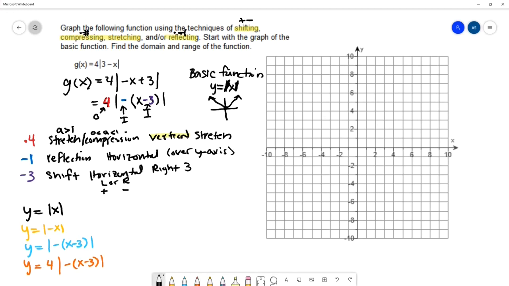So the graph of absolute value of x is a V-shaped graph starting at the origin. And so it looks like this. And that first transformation, which is the horizontal reflection, is going to look like we didn't change anything because this function is an even function. It has y-axis symmetry. So when we mirror over the y-axis, it looks exactly like it started. So then I'll shift all of those points to the right 3.